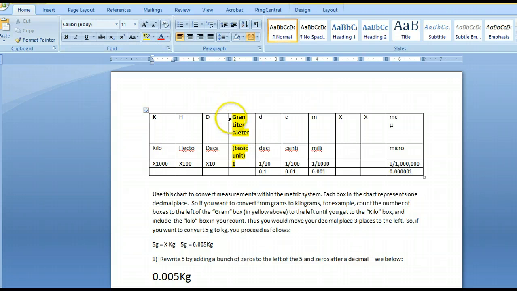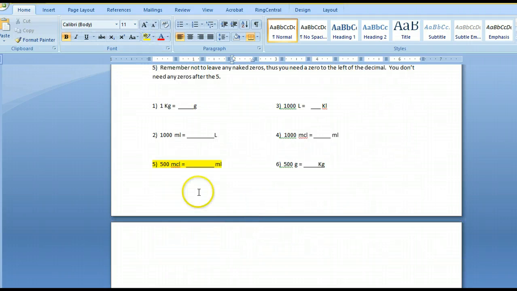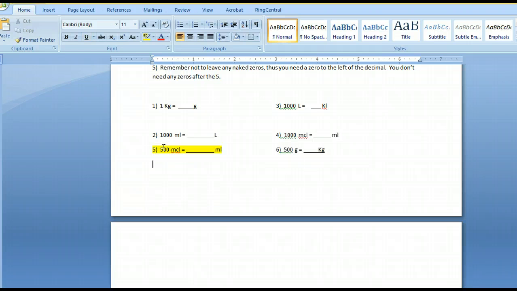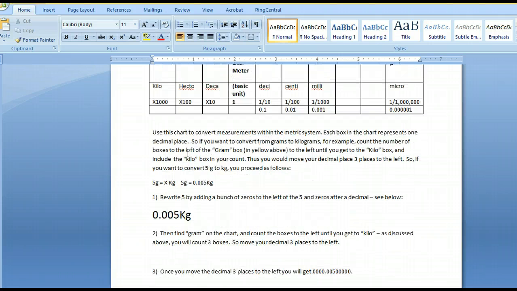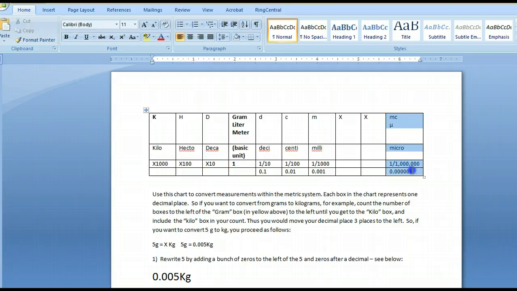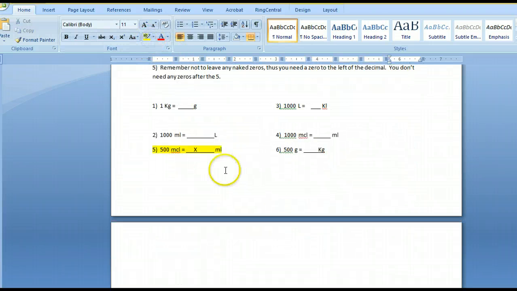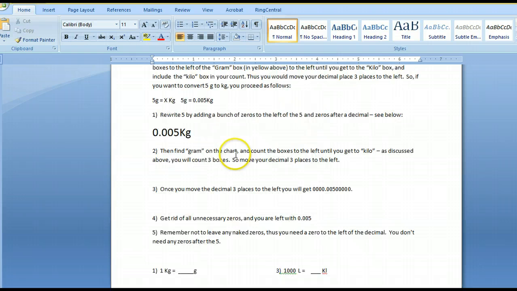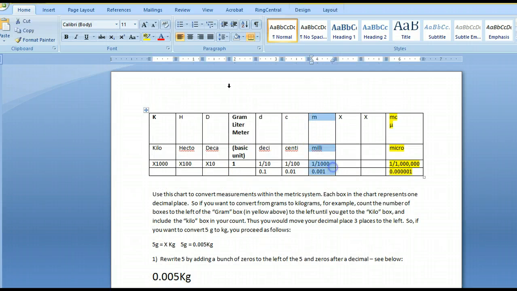So let's do this one. 500 microliters equals X mils. So we want to locate the micro on our chart. So I'm going to scroll up, and that's where our micro is. And then we're converting to mils, so I want to go find our mils. I'm going to highlight that.